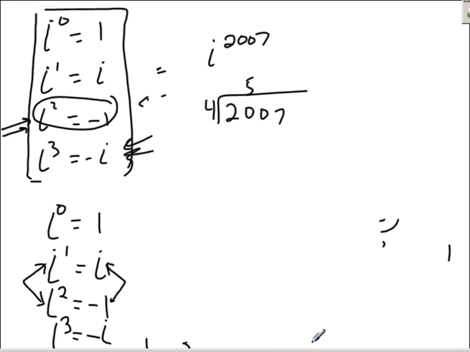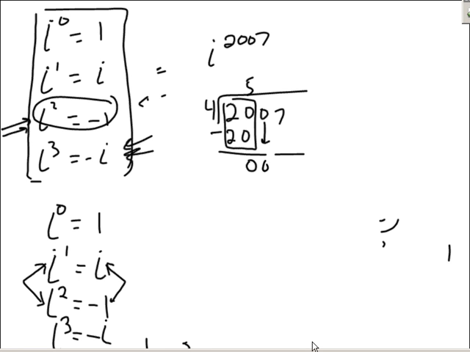You take away 500 2 4s, which is 2,000. You subtract those numbers, you get 0.